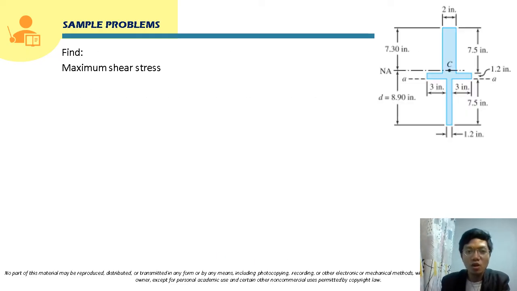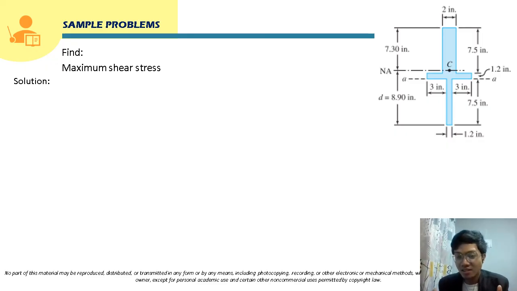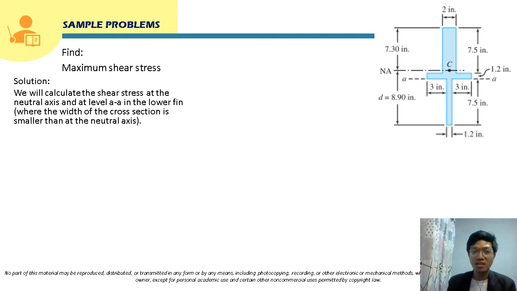Okay, so class, to solve the maximum shear stress for this problem, take note, class, the section here is not rectangular. This is also not a wide flange section. So here, class, to solve for the maximum shear stress, we will calculate the shear stress at the neutral axis and at level AA in the lower fin.